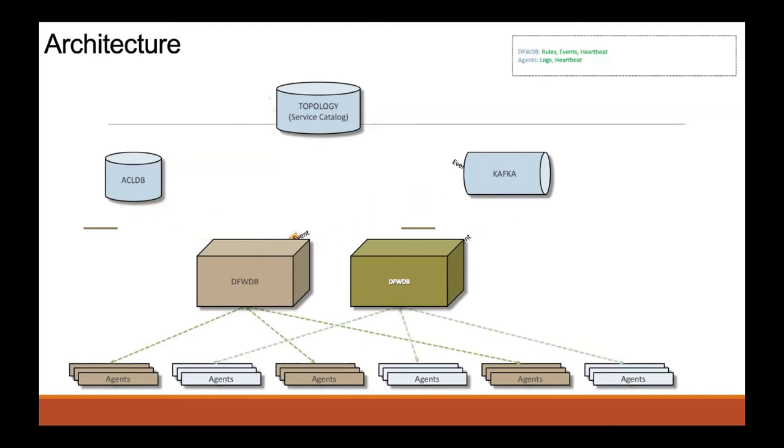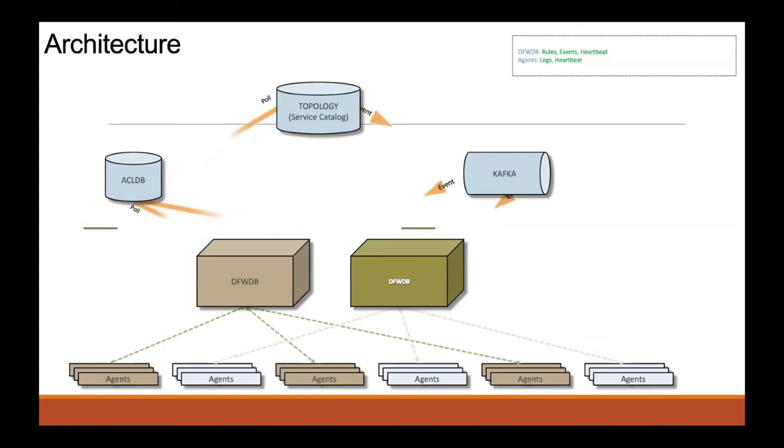But DFW cannot generate these rules on its own. It contacts some of the source of truths like ACLDB, which is our data store for network ACLs. And another source of truth we have is topology, or in simple terms, service catalog, which gives us information about, given a service, what is the list of instances or hosts that participate to serve the traffic.